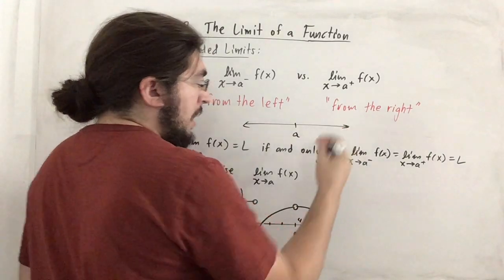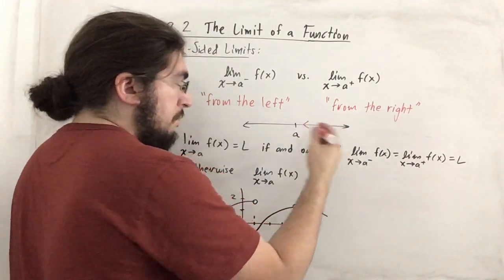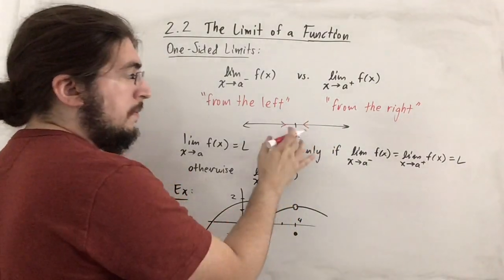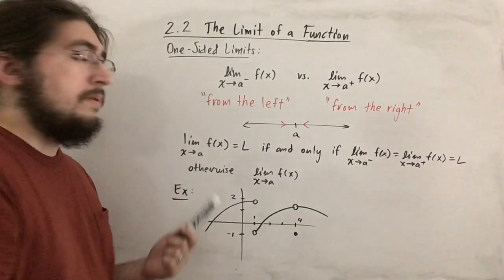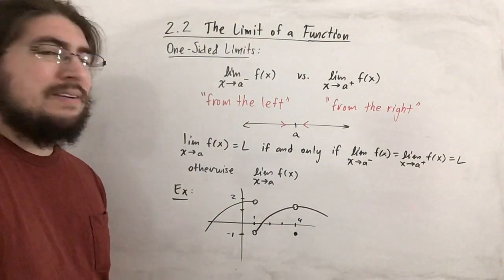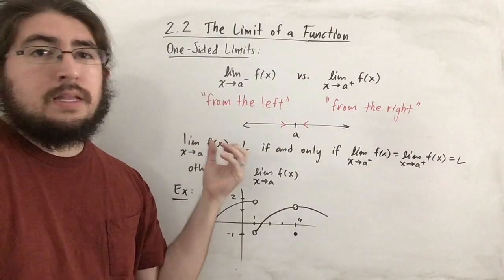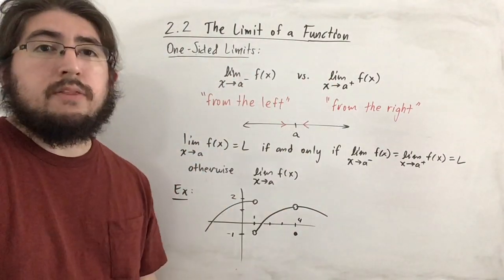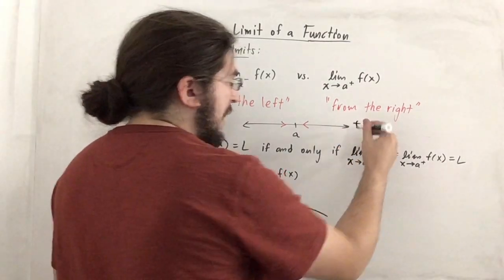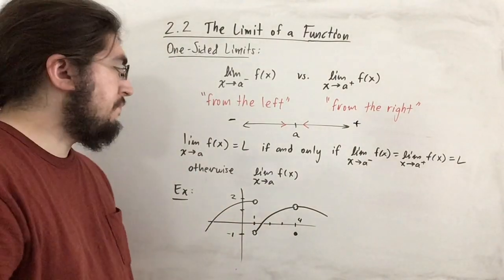If you're approaching A from the right, then you're plugging in numbers that are bigger than A. Similarly, if you're plugging in numbers to the left of A, you're plugging in numbers that are smaller than A. Where that notation comes from is that negative numbers tend to be on the left, and positive numbers are on the right. So that's one way of thinking about that. The plus we think of as the right side, and negative we think of as the left side of the number line.